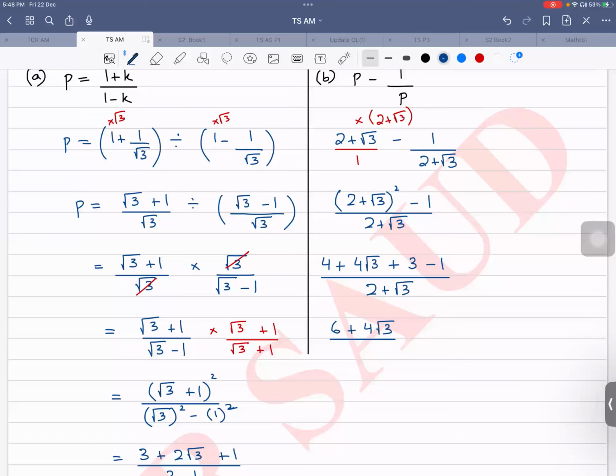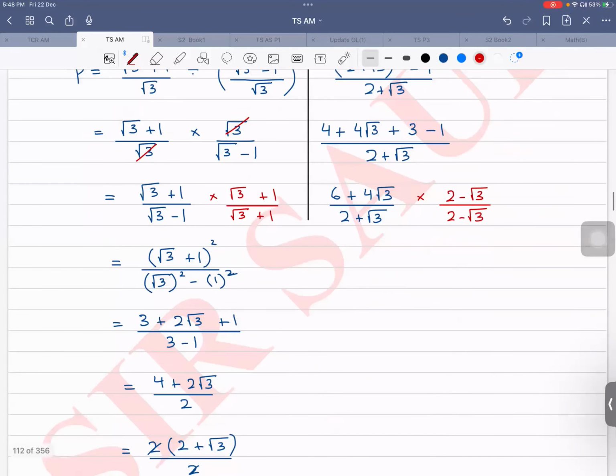Okay. And what are we going to do in order to rationalize this? Multiply by 2 minus square root 3. Yes, and also divide with the same expression. Okay, now let's simplify this further.